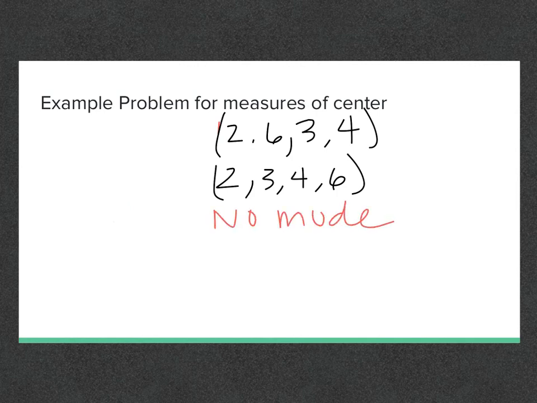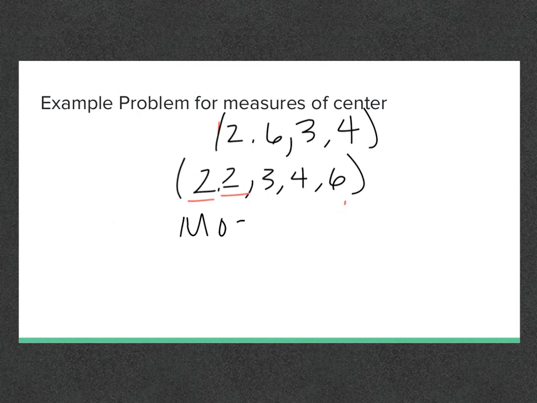But let's say that I added another 2, and now I want this data set. Now I have 2 2s, so I don't have no mode anymore. I do have a mode, and my mode is going to be 2. So you have no mode, and then you have a mode of 2.